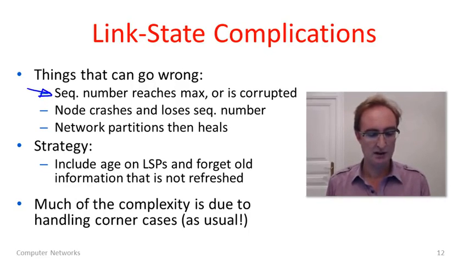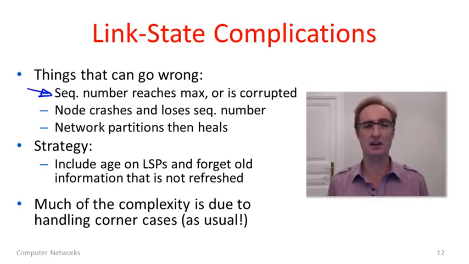Now, as part of flooding, you have a sequence number on the flood so that we can stop the flood and only flood new information. What's going to happen when this sequence number reaches its maximum? We could make that maximum very high, but then what's going to happen if the sequence number somehow gets corrupted to a very high number and gets close to the maximum?